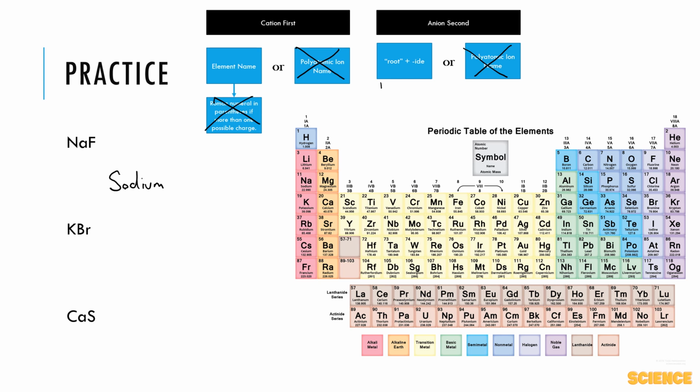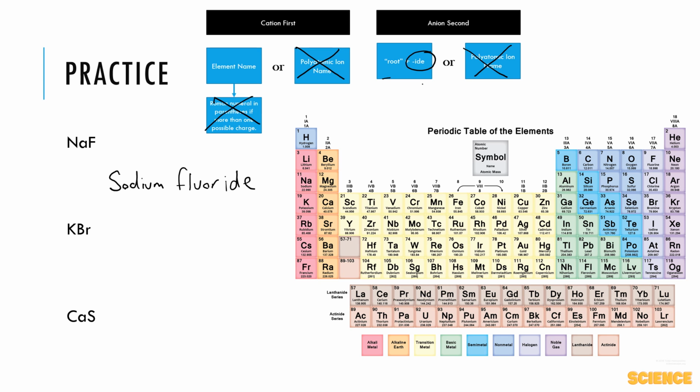Now F is fluorine. We cross off that ending and add the IDE, and fluorine becomes fluoride. That ion is called the fluoride ion. So F minus, as an anion, is the fluoride ion.